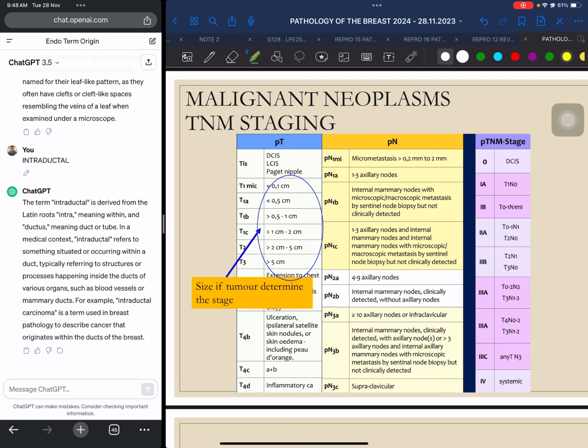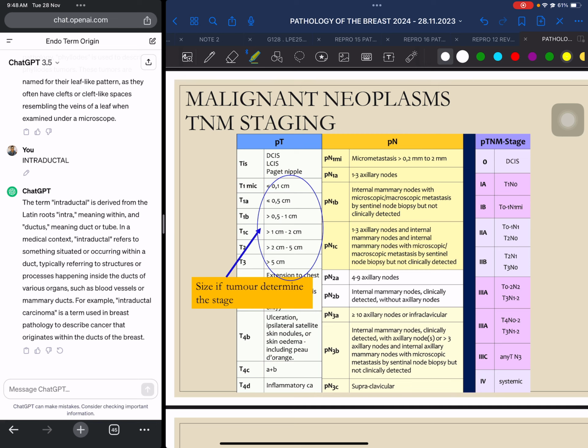That's why when you describe any tumor mass, you have to measure the size, because size is used in the staging of some types of cancer. This is the staging system that we use, the TNM staging system: T for tumor, N for nodes, M for metastasis.